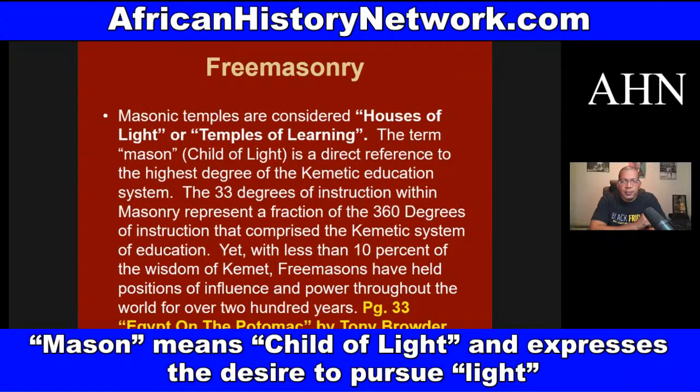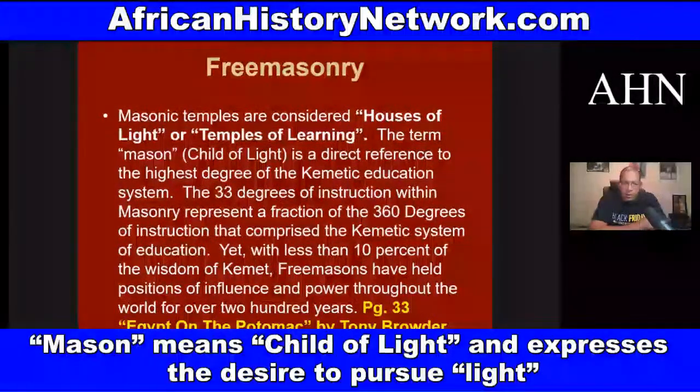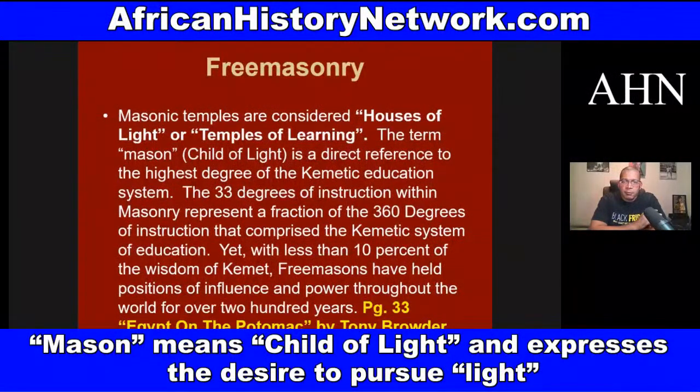The 33 degrees of instruction within Masonry represent a fraction of the 360 degrees of instruction that comprise the ancient Kemetic system of education. Yet with less than 10% of the wisdom of ancient Kemet, Freemasons have held positions of influence and power throughout the world for over 200 years.